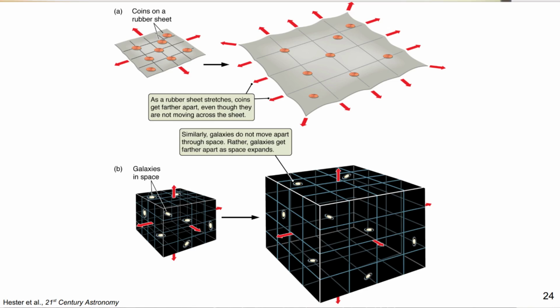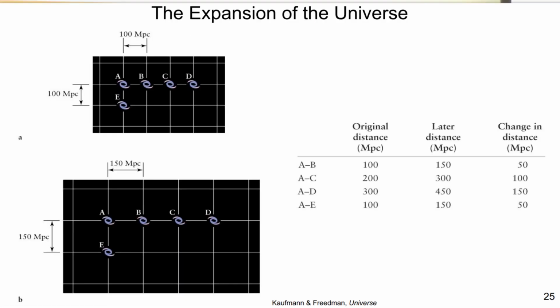To be specific, here's a model of all that. So imagine that miraculously galaxies are spread out on a rectangular grid. Or a square grid, right?